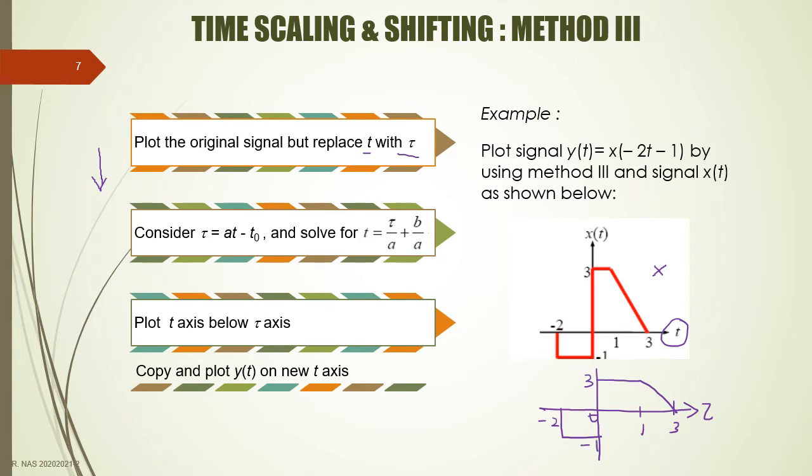Next you need to calculate the new t values based on tau. Tau is whatever equation is inside the bracket. So tau equals, in this case, negative 2t minus 1. So you need to solve for t. What is the new t? Next, you need to plot the new t-axis or new t values below the tau signal. And lastly, plot your new signal.